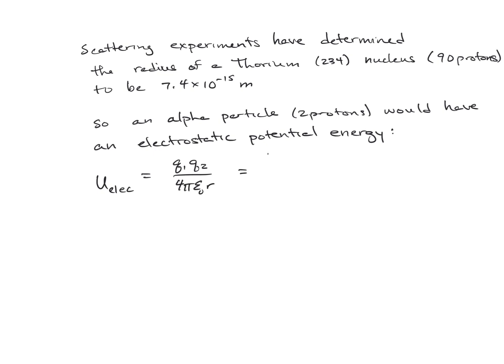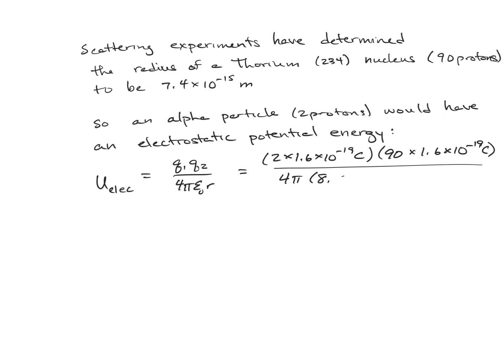Our 2 charges are our alpha particle, with 2 protons, and our thorium nucleus. We're just going to treat the thorium nucleus as 90 protons with that center of electrostatic charge being at the center of the nucleus.